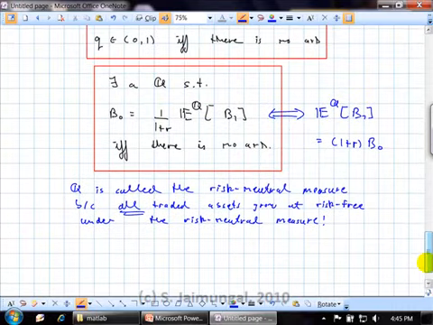This is one of the most fundamental results in derivative pricing theory. And we've proven it in the context of this simple binomial model with two states. Okay? We've shown it there.